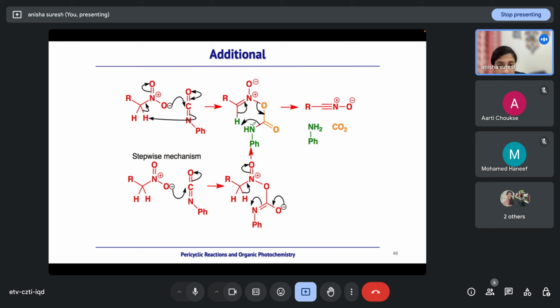Like this will be abstracting this proton. Here a triple bond will be forming. This bond will be breaking and removal of CO2 will be taking place, resulting in the formation of nitrile oxide. Okay.